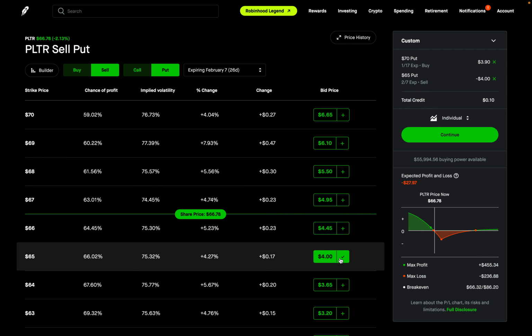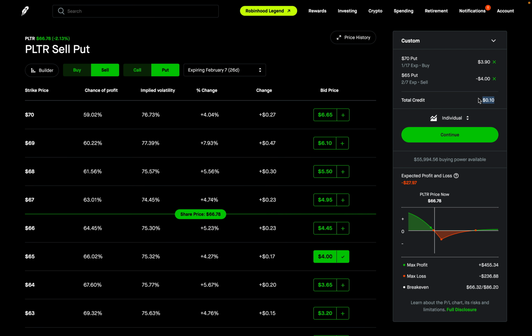If I sold this put, notice I'm still entering for a credit. So all I'm doing is buying to close my current cash secured put, then going to a further out expiration and selling a new put with a lower strike, and I'm still going to receive a credit for this entire transaction. This is called rolling your options trade.